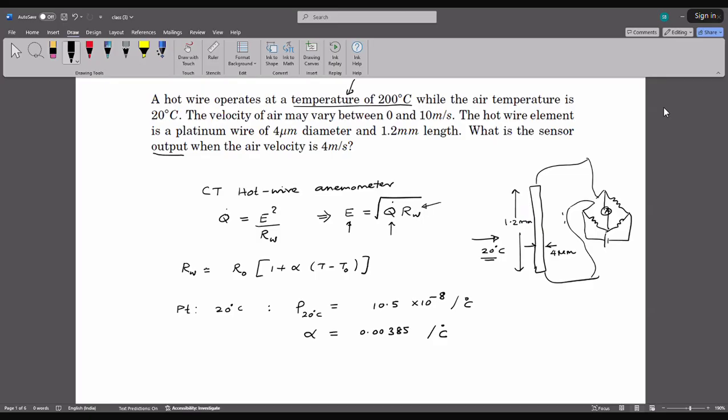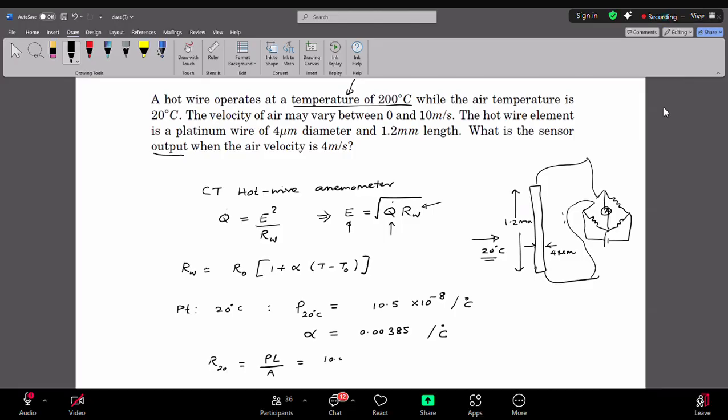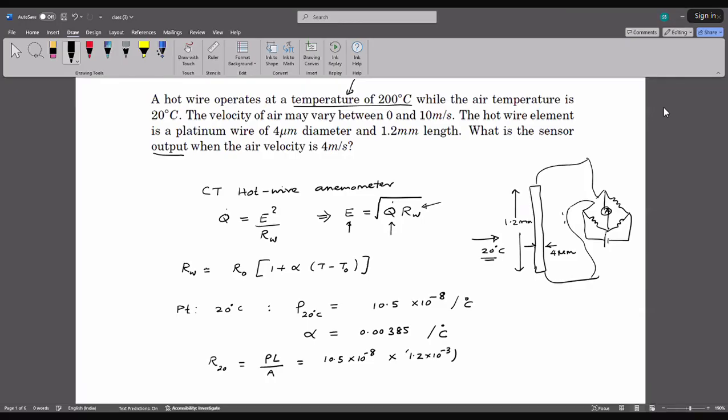So if we have these two values, we can find the resistance, because the formula for the resistance at 20 degrees centigrade is the resistivity into L divided by A. Resistivity is 10.5 into 10 to the power minus 8. The length of the wire is 1.2 millimeter, that is 1.2 into 10 to the power minus 3 meter, divided by area.